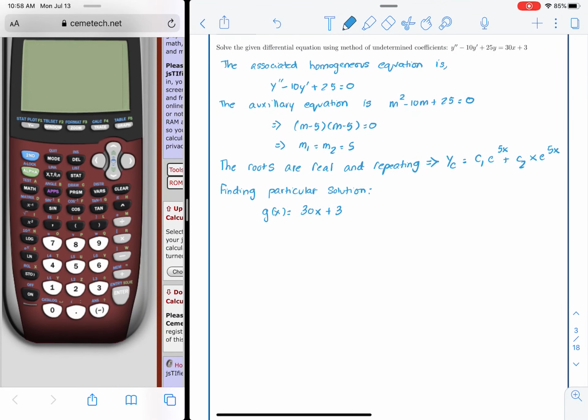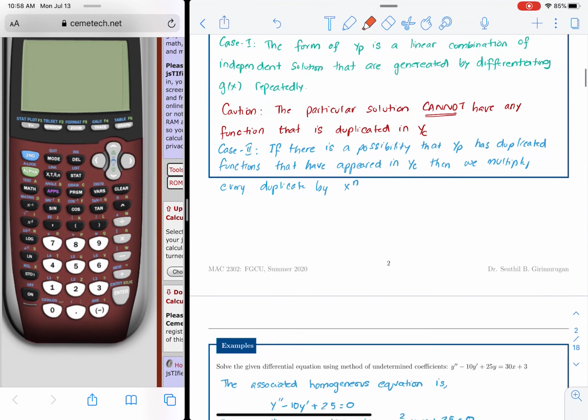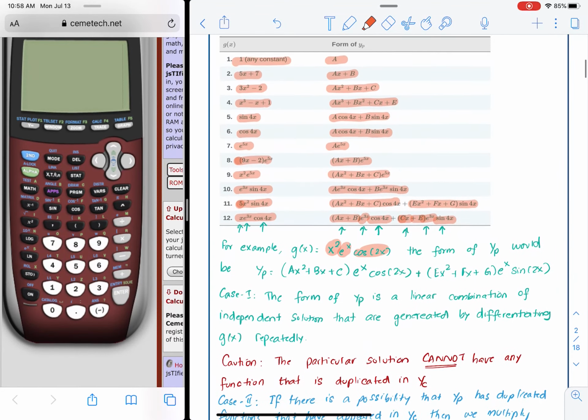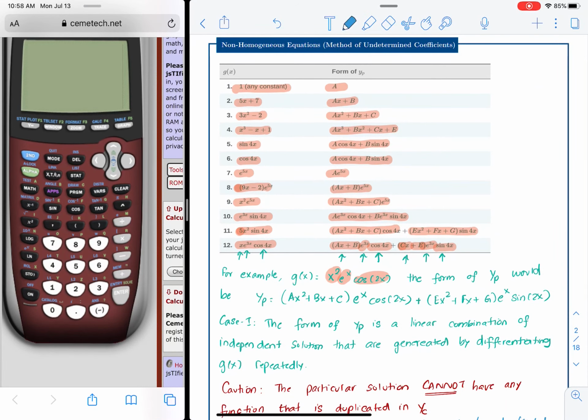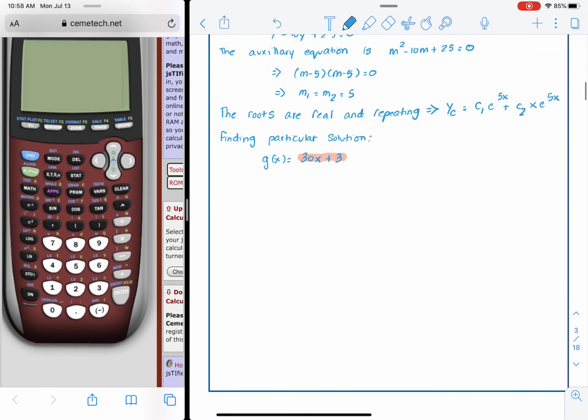So you look at that and you realize that that is a linear function of the form ax plus b, or mx plus b, what say you? And we know if the right hand side is linear, then according to the chart that we have here, we have to pick ax plus b. So we are going to conclude that the yp is of the form ax plus b.